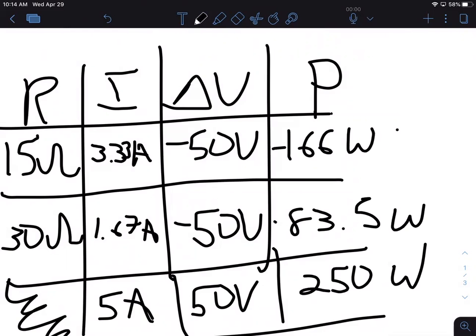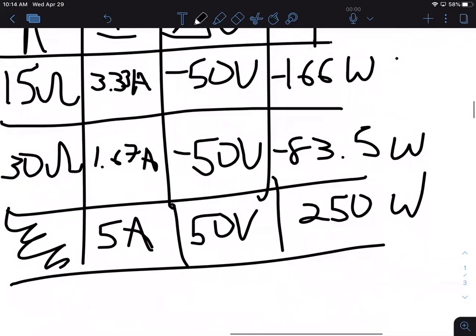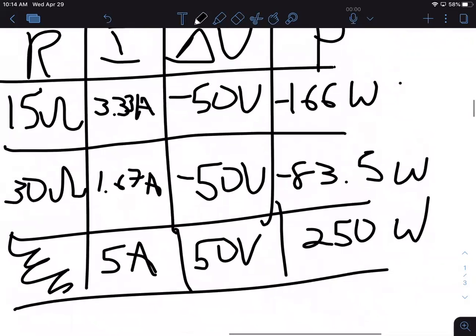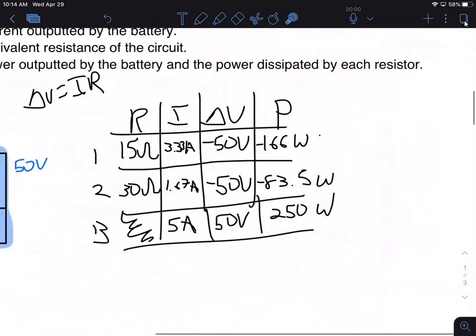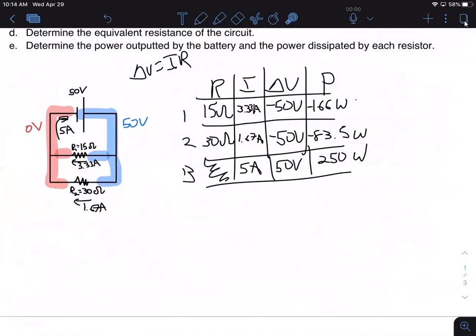Resistors take away, batteries add. And if I were to add these, 166 plus 83.5, I get 249.5. So because I rounded as I was going along, I get basically the same thing, negative 250, positive 250. So it means I probably did the math right.